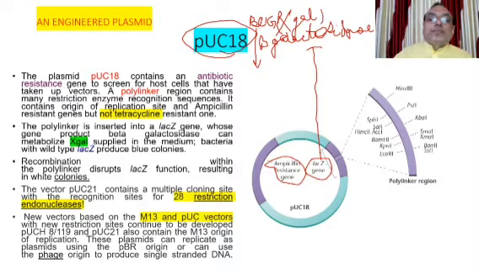So we have X-gal, which is bromochloroindoxyl galactoside. Now, acting upon this, the beta galactosidase transforms it into bromochloroindoxyl.